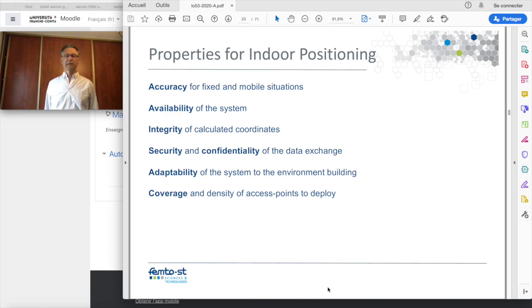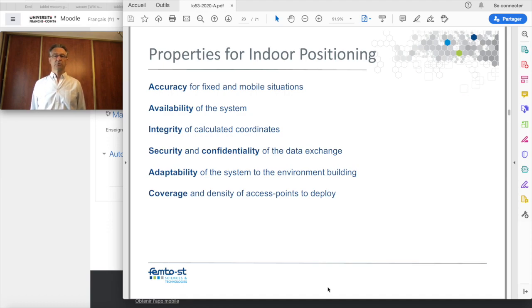So what type of properties do we need for indoor positioning? We need, of course, accuracy, but not only for the mobile. And we need availability of the system. We need to have the system working at any time, always on.